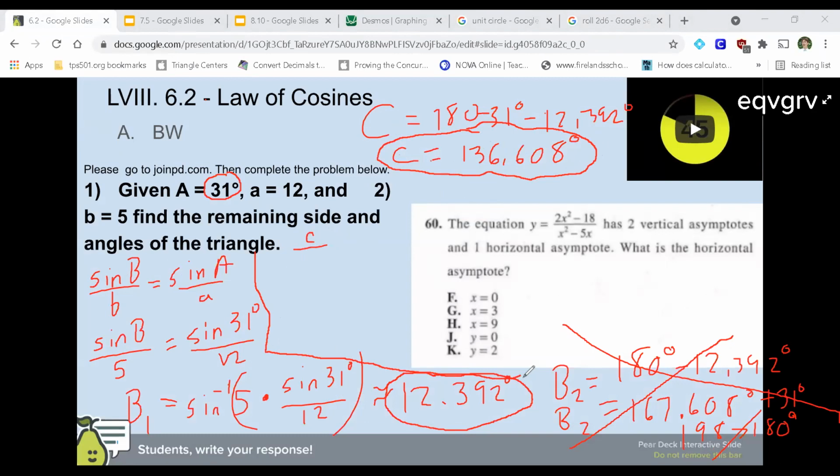Just use the law of sines with sine C, and we're going to set that equal to sine A. I feel like we've done this 1,000 times in the last few days, but that's sine of 136.608 degrees equals 12 over the sine of 31 degrees, which means c is sine of 136.608 degrees times 12 over the sine of 31. Calculator.